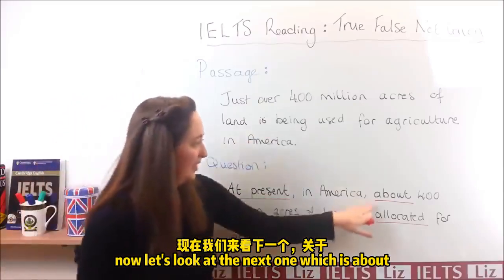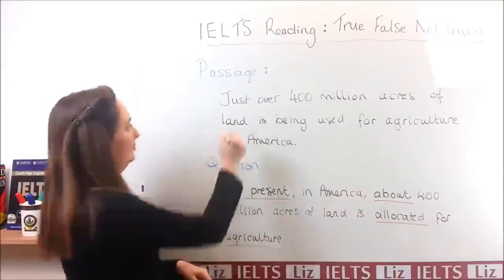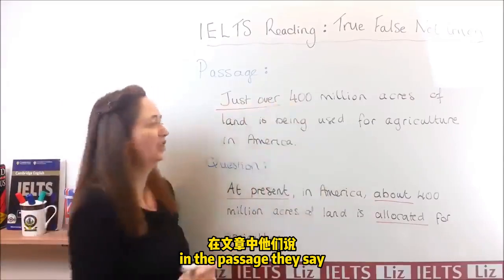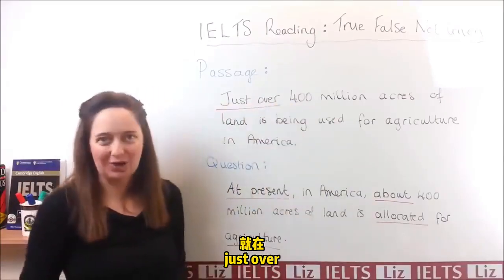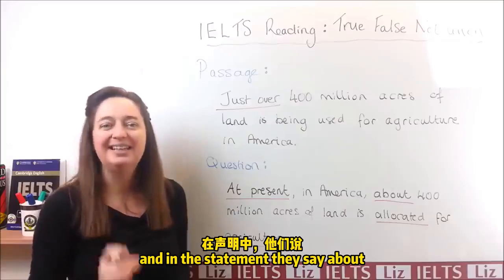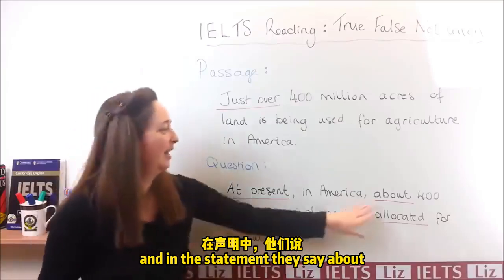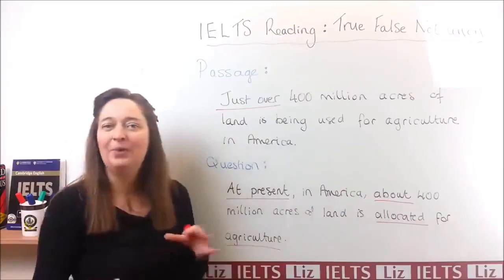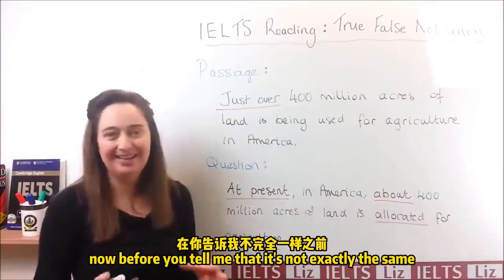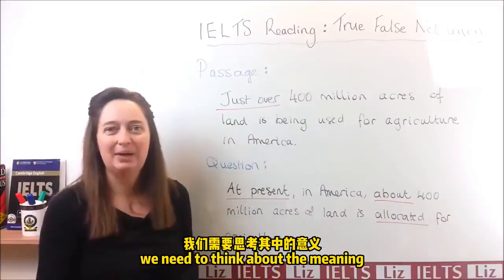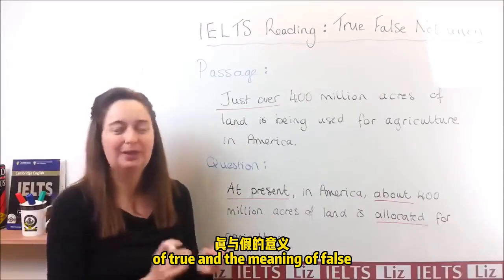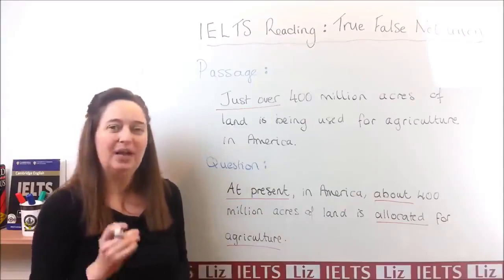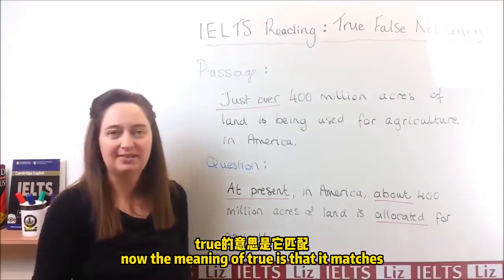Now let's look at the next one, which is about. In the passage, they say just over. And in the statement, they say about. Now, before you tell me that it's not exactly the same, we need to think about the meaning of true and the meaning of false. The meaning of true is that it matches.